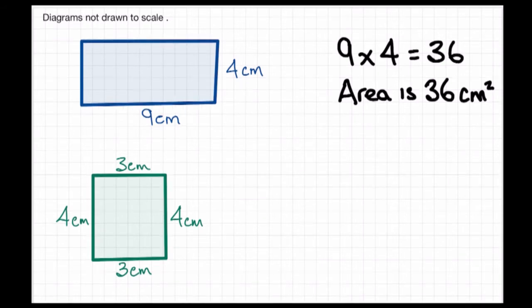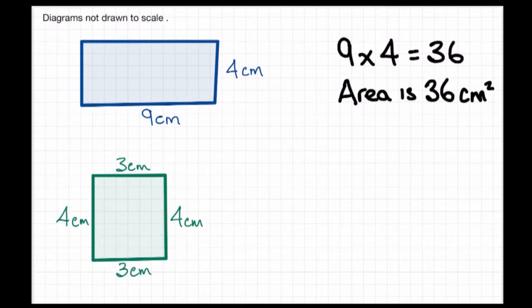So the green one, again, it's not drawn to scale, so you can't count the squares, but look at the measurements. In fact, the measurements of all the sides have been given. But to work out the area, we only need the length and the width, so don't be confused by the extra measurements.